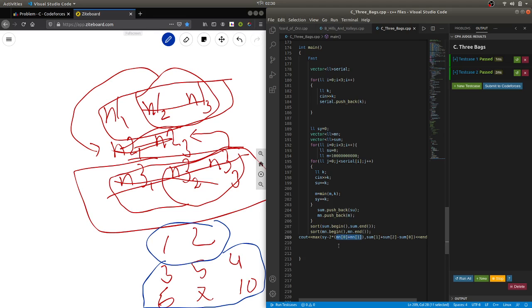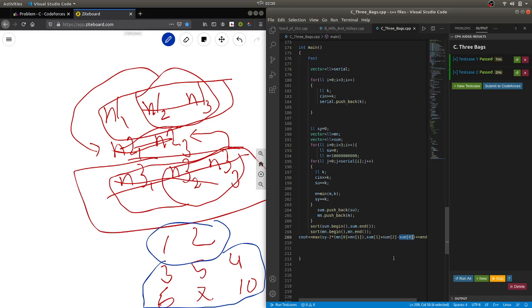Or I choose the two bigger sums and take out the smaller one from it. The maximum of these two will be our answer.